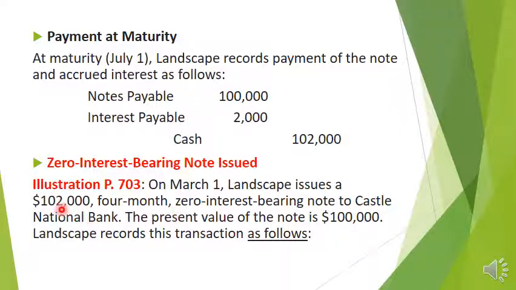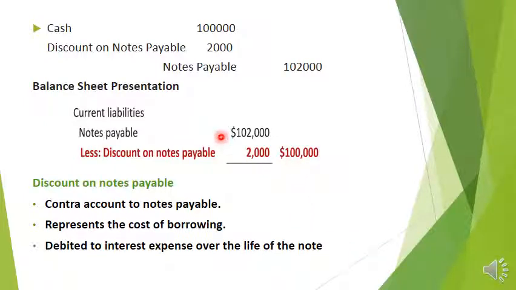Here the principal is 102,000 and the present value is 100,000. Debit cash 100,000, the amount actually received. Discount on notes payable 2,000. Credit notes payable 102,000.